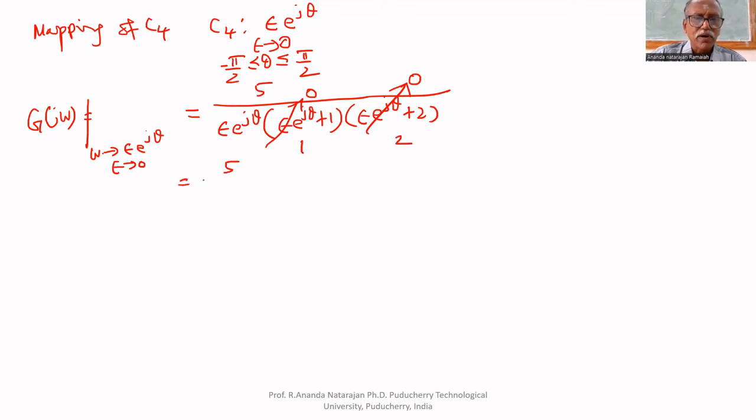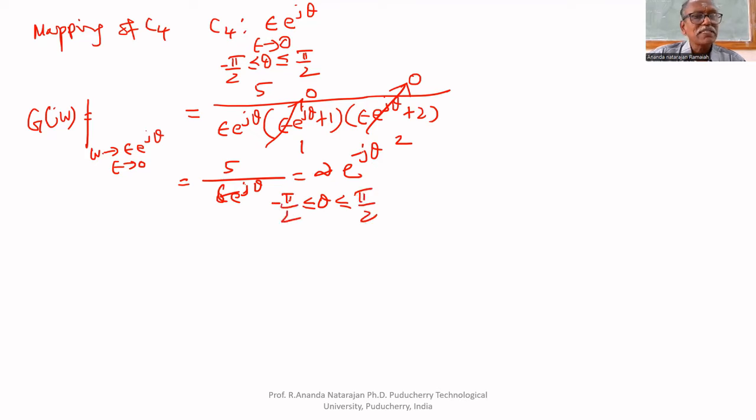Therefore, 5 upon 0 e power j theta, or 5 by epsilon, equals infinity e power minus j theta, where theta varies from minus pi by 2 to plus pi by 2.